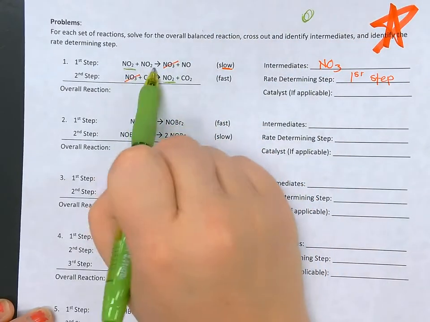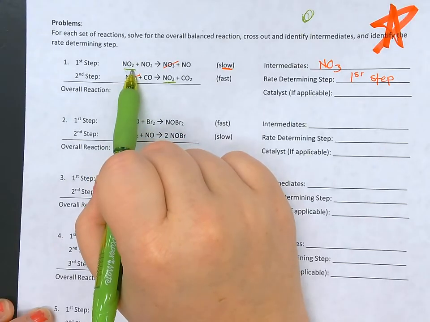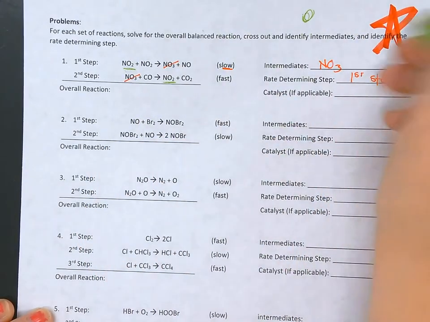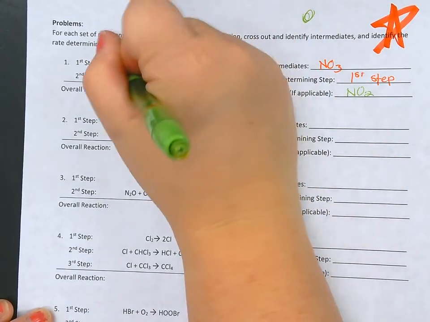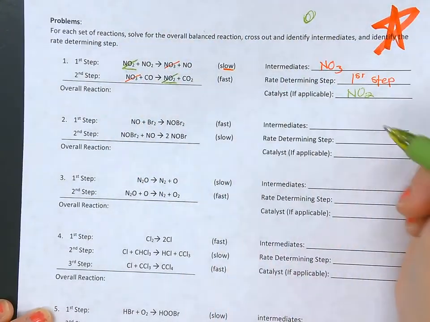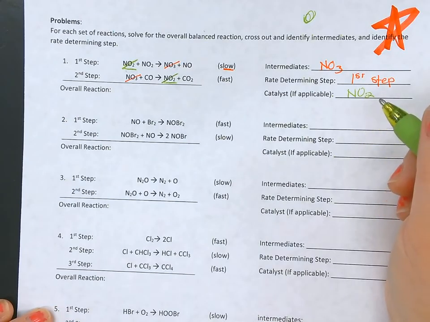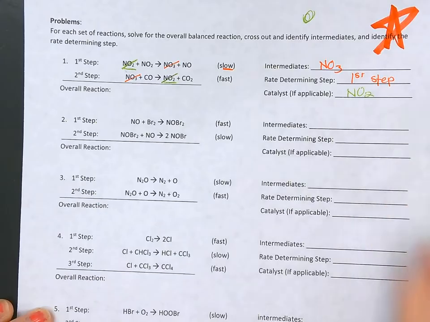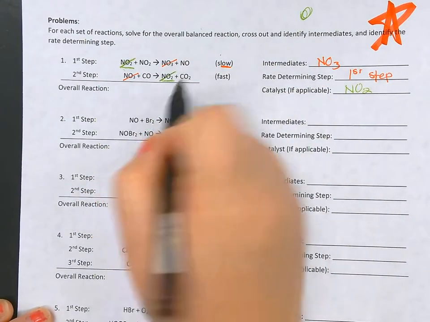I know we have 2 of them. You could look at either. So we're adding extra NO2 basically as a catalyst here. We can list that and cancel just one of them as our catalyst. And then we want to add the 2 reactions together to create our overall reaction.